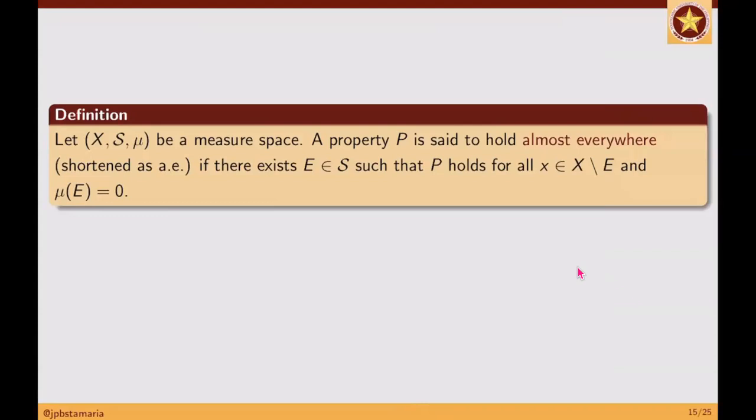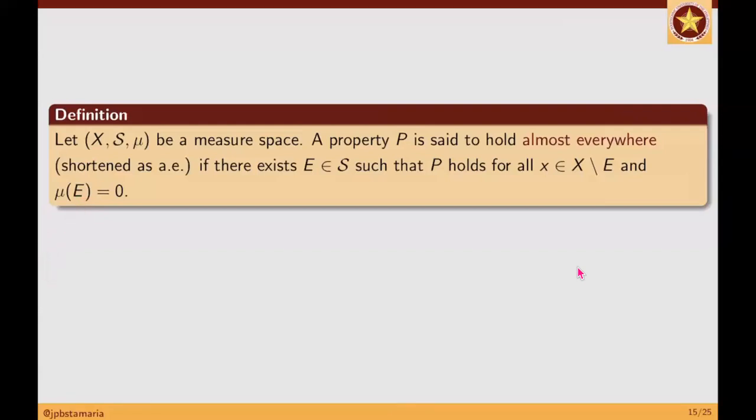So what does that say? Pag sinasabi mong nag-hold almost everywhere yung particular property, ibig sabihin, that doesn't mean nag-hold ka everywhere or for all x, no? Kailangan nag-hold yung property at least sa complement ng isang set na ang measure naman ay 0. Kumbaga, sa Tagalog, kung hindi man mag-hold si P sa x, dapat ang measure lang ng set kung saan hindi siya nag-hold ay 0.